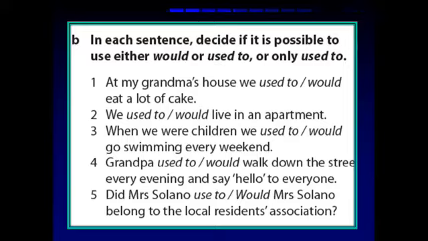At my grandma's house, we used to or would eat a lot of cake. So here we use used to, and we can also use would because this is a habit in the past. We used to or would live in an apartment. So we use used to.